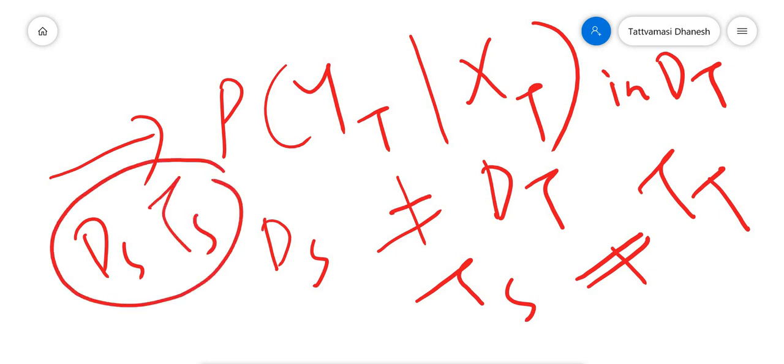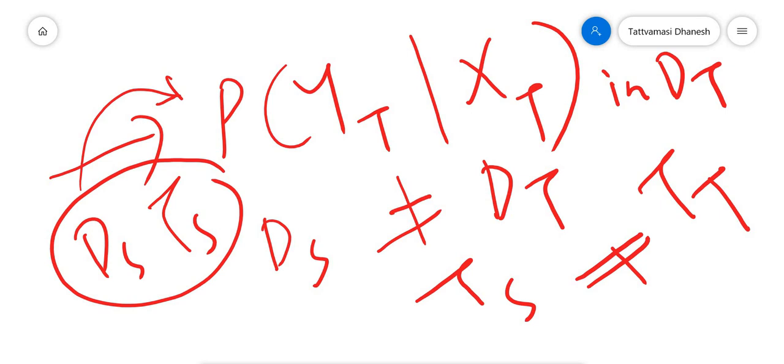Here the condition is Ds is not equal to Dt and Ts is not equal to Tt. This is an important definition you need to understand.